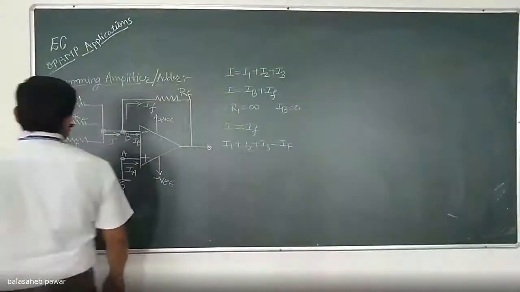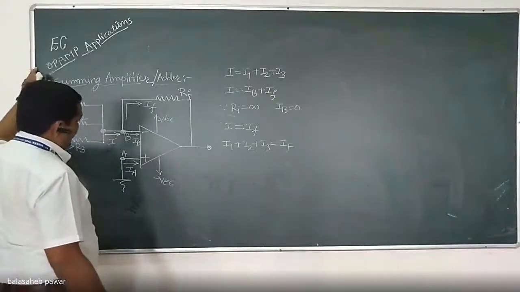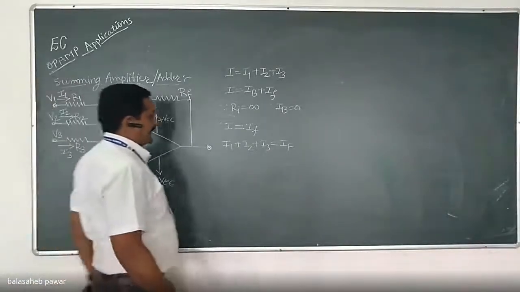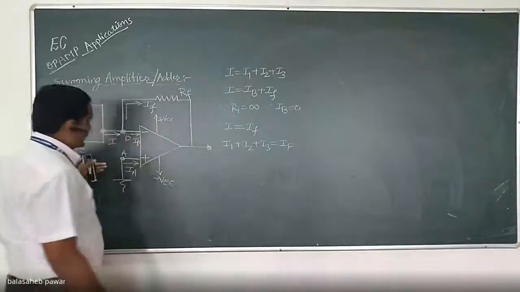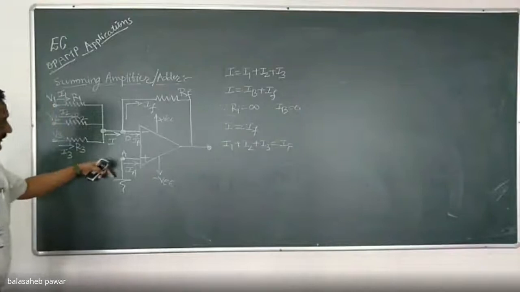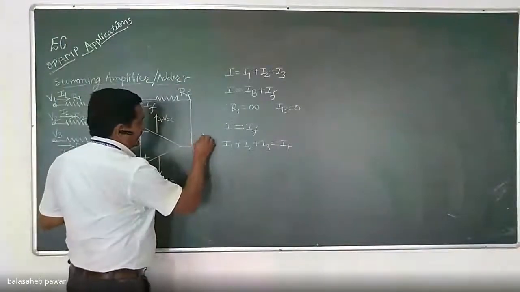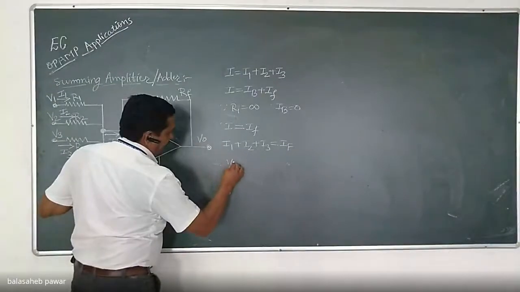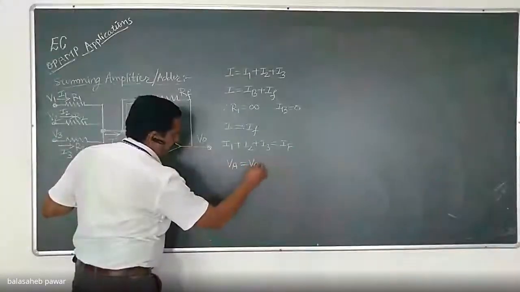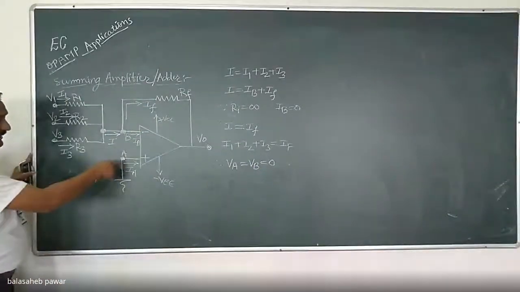So see, the next consideration is my virtual ground concept. The non-inverting terminal, terminal A, is grounded right now. So by the virtual ground concept, VA equals VB equals 0, because the non-inverting terminal is grounded.